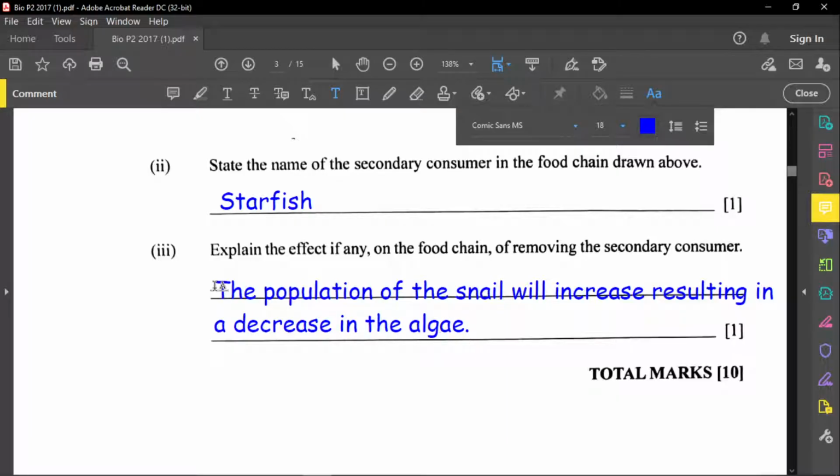All right, so that's exactly what will happen there. All right, so as I take the starfish out, there's nothing eating the snail, so the snail will increase, and because the snail eating the algae will decrease.